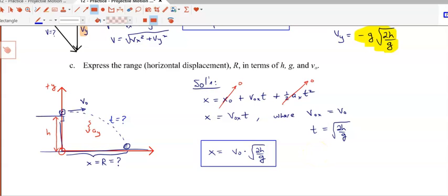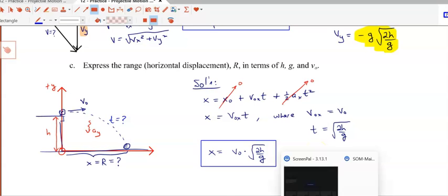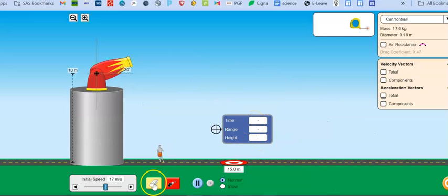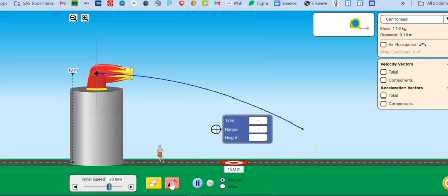Okay? So you can see the horizontal distance that it goes. Let's say I erase these trajectories and I just fire it horizontally, and let's say I fire it at a speed of 20. And voila, that's where it goes.